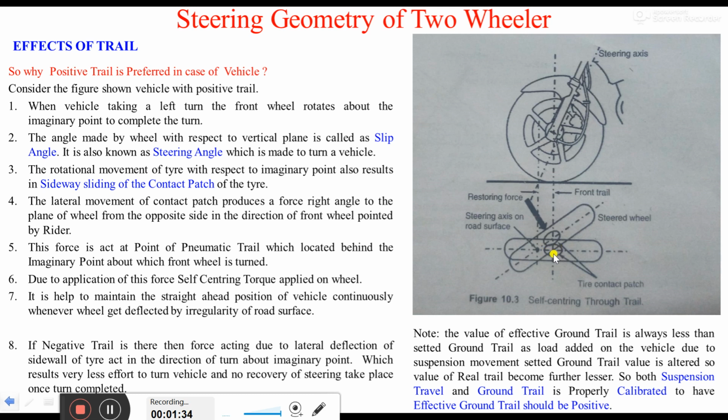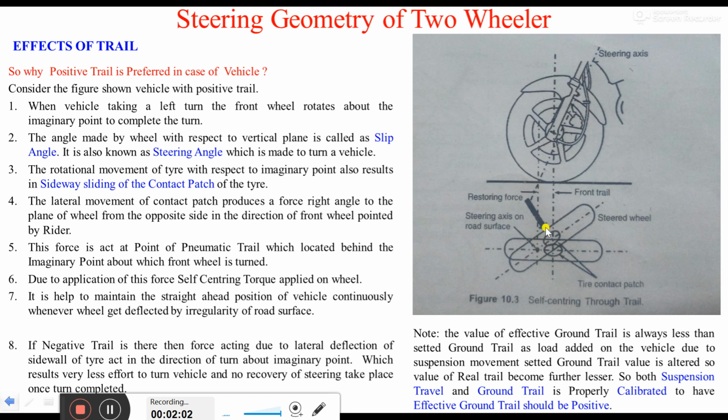And when the vehicle takes a turn in the left direction, the tire contact patch gets shifted sideways, and that shifting takes place about the imaginary point. Which is the imaginary point? The intersection point of the steering axis with the ground surface.